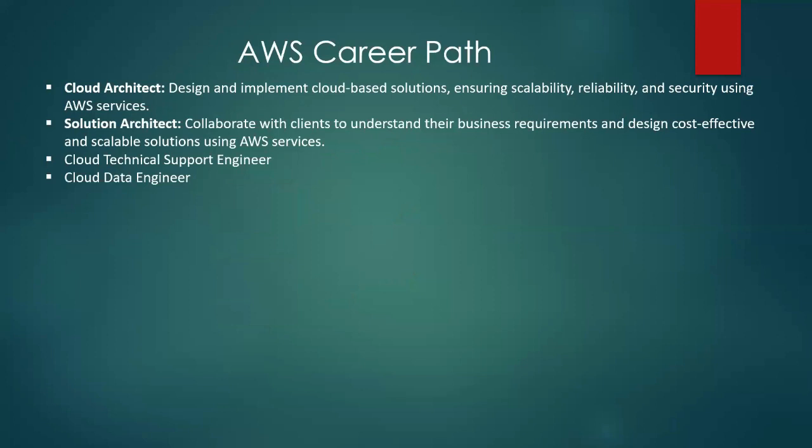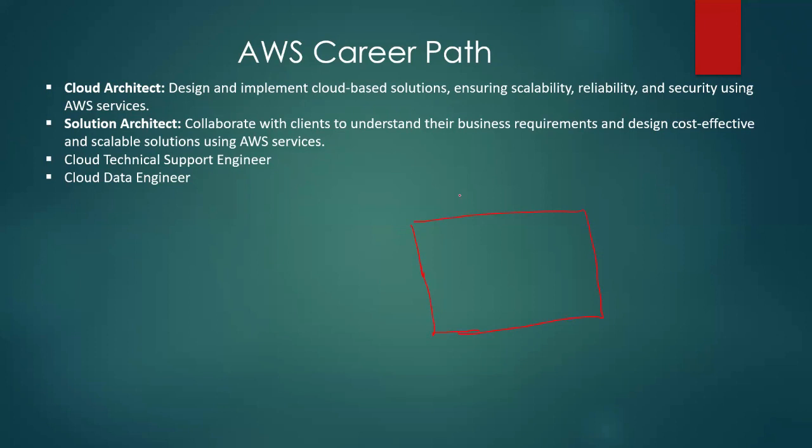We'll move further and let us try to understand the AWS career path. Now, if you learn AWS, then you can work as a cloud architect, where you will design and implement cloud-based solutions. Let's say an organization is currently having an on-premise setup, with all its infrastructure present in its in-house setup.